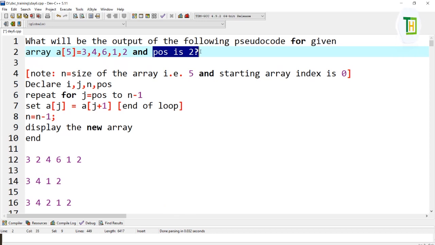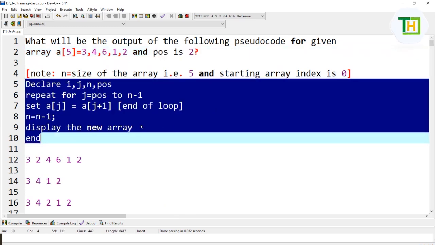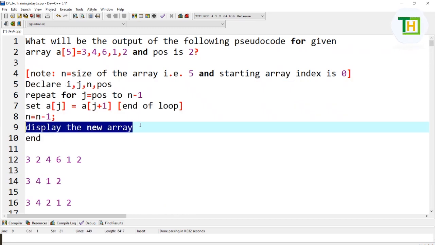The size of the array is 5, and the starting array index is always 0, right? The starting index is always 0. And this is the code here, and finally displaying the new array. If I display the new array after this, what is the output here?